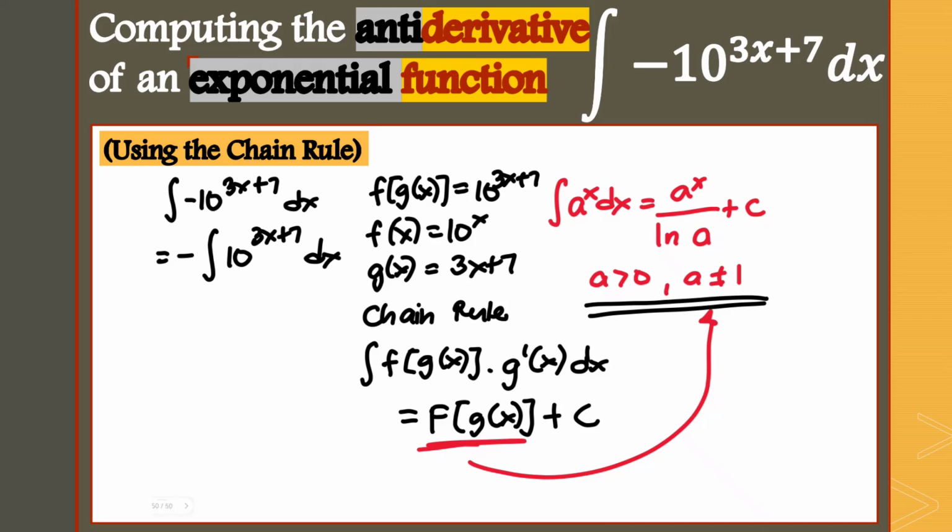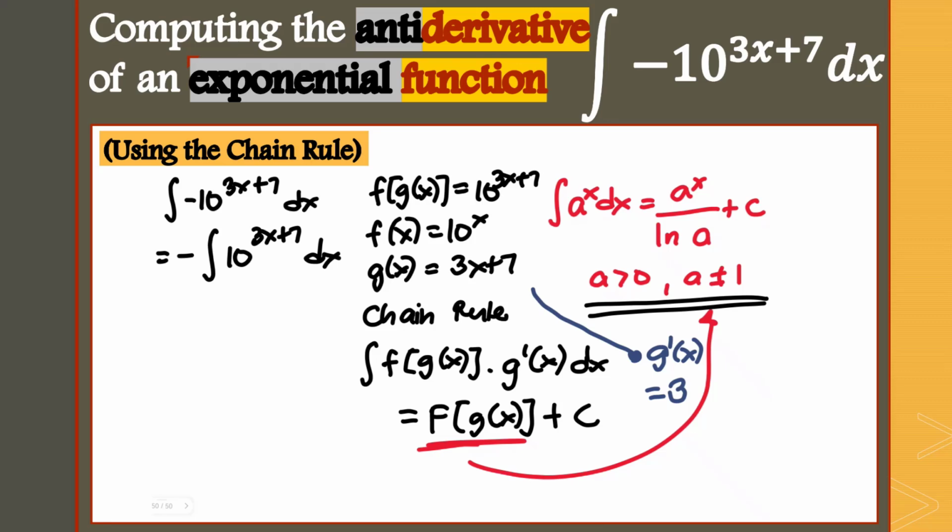Of course, it's not negative 10. But before using that rule, our chain rule needs g prime of x. In short, we can actually look for our g of x here, and our g prime of x would be equivalent to positive 3. The derivative of 3x plus 7 is positive 3.